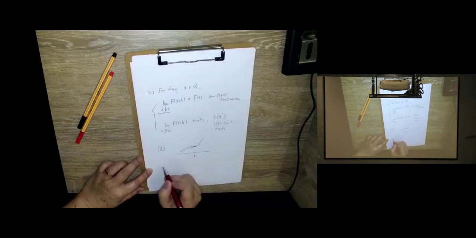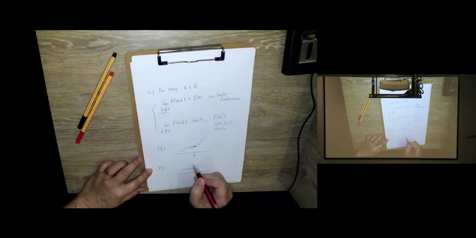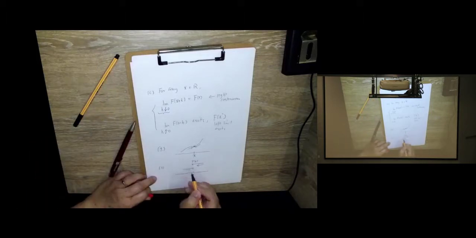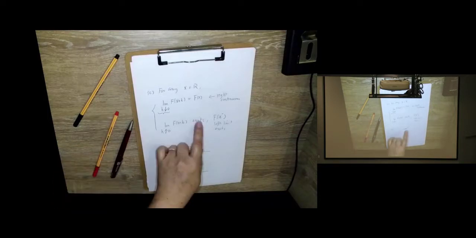But the other situation will be something like this. So if you keep going on the right-hand side, you will get to here, the limit. And the limit is actually f of x. But if you keep going from the left-hand side, you will arrive at this point, all right? So which is where the hole is, all right? So that is the limit.